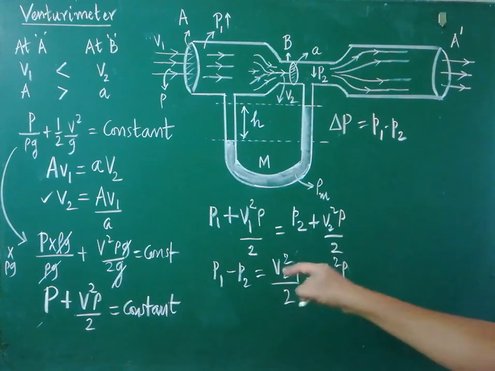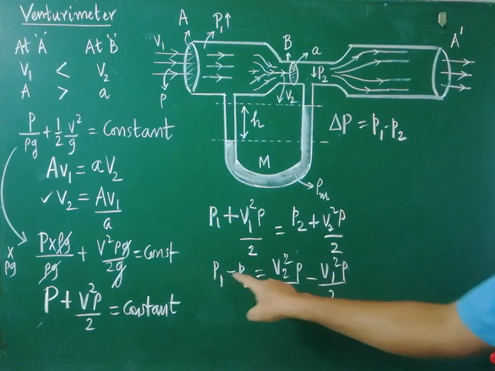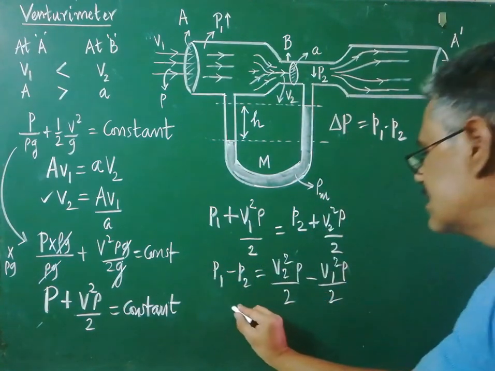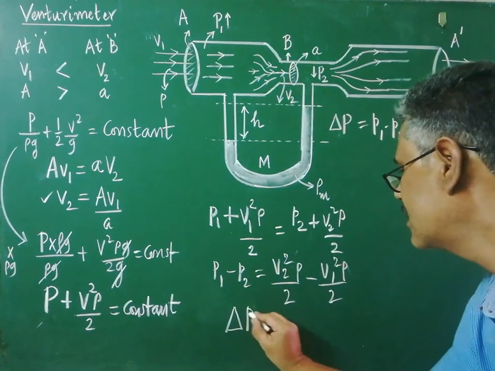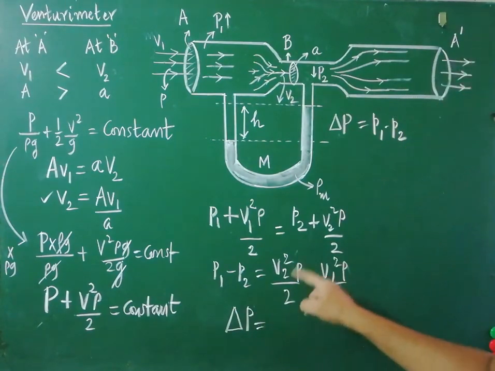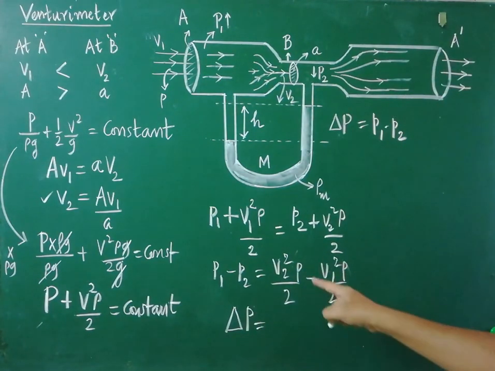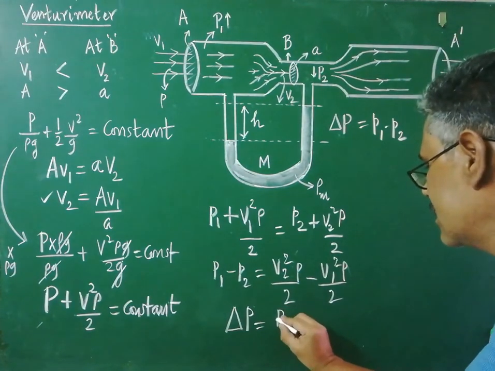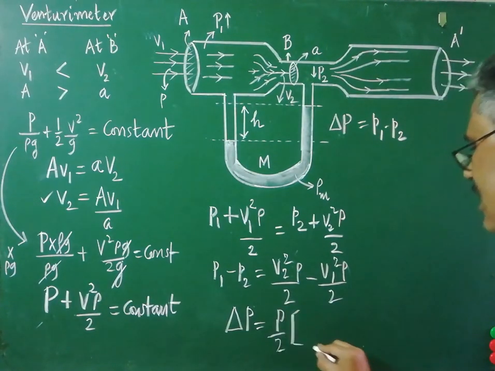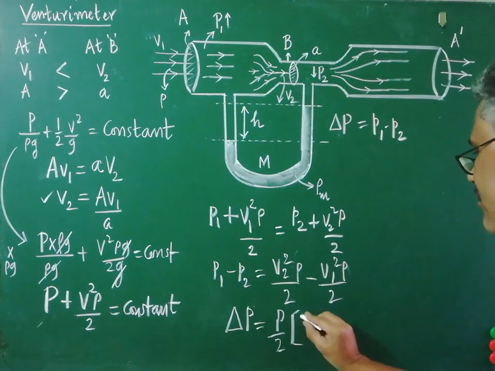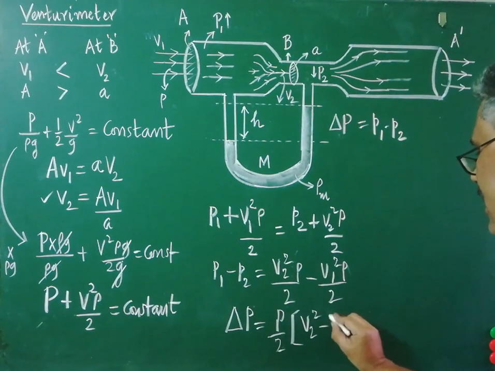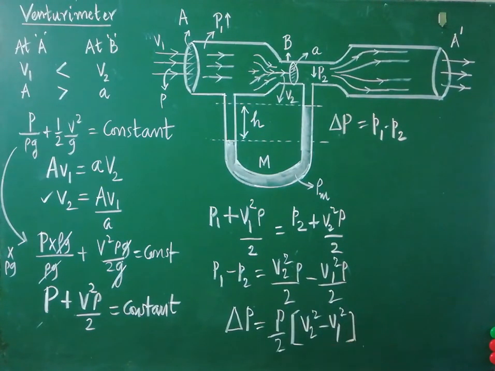So I have written this equation. This P1 minus P2 is nothing but the difference in pressure. Del P is equal to, what are the common factors here, tell me. Rho by 2 is a common factor. Rho by 2 in bracket, V2 square minus V1 square. So like that we can write. Understood?